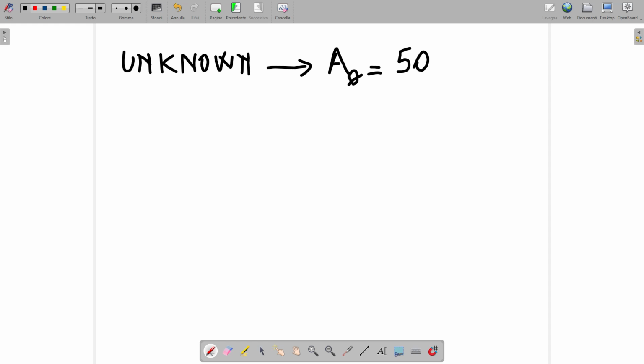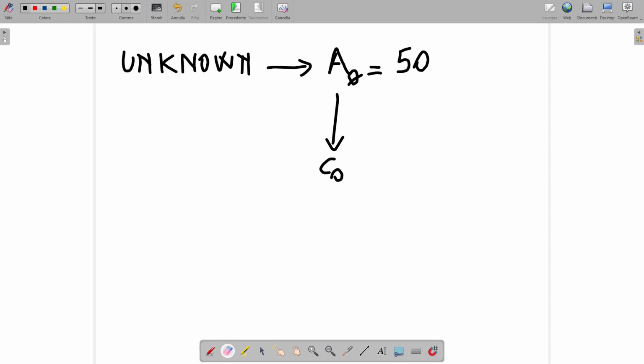And now I would like to know, if the area of the unknown is 50, can I estimate the order of magnitude of C0? I will write the text.